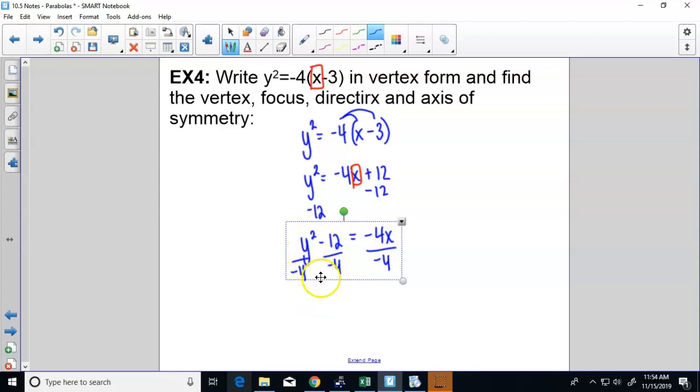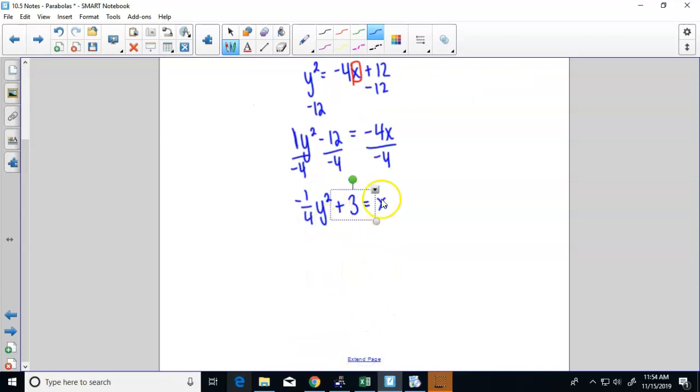And because I don't want to have a y squared over negative 4, I'm going to make this negative 1/4 y squared, because it's not written there, but there's a 1 in front of that y squared, plus 3 equals x. I also don't like that x on that side, so I'm going to write x equals negative 1/4 y squared plus 3.